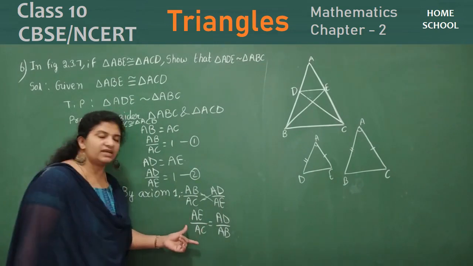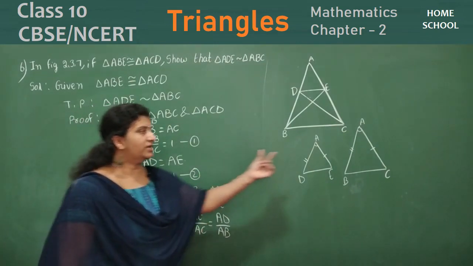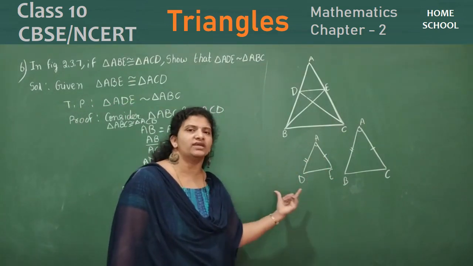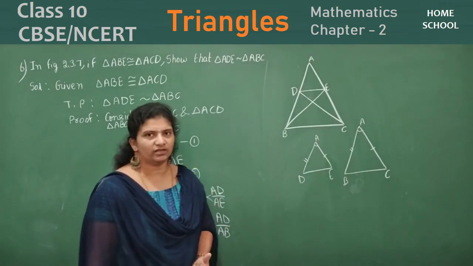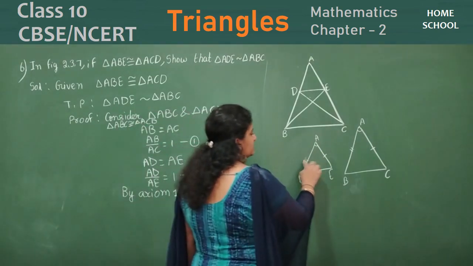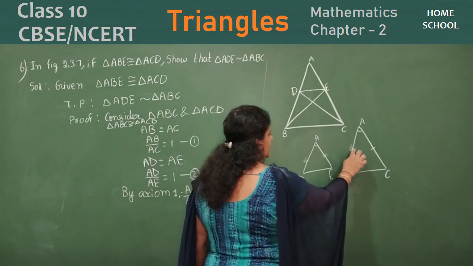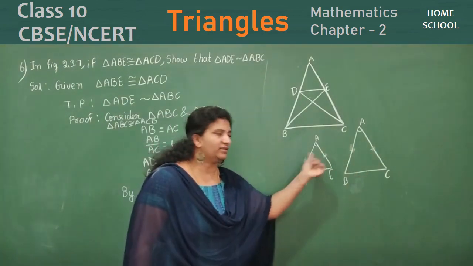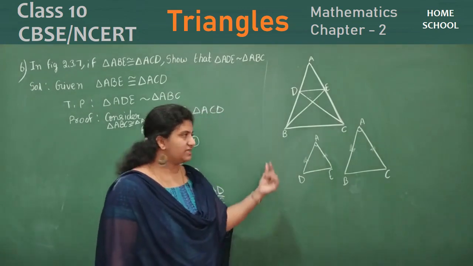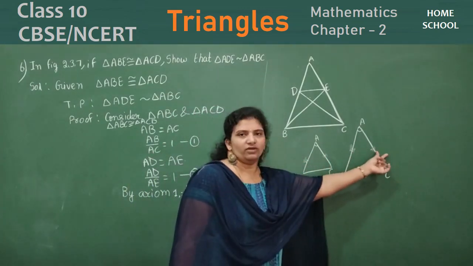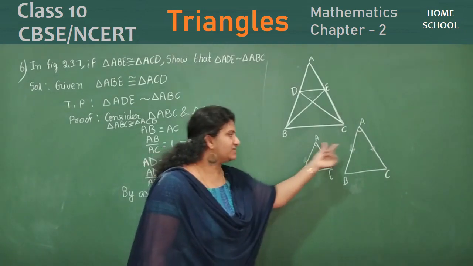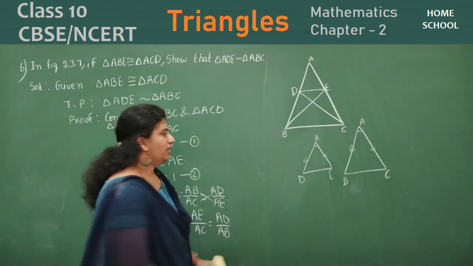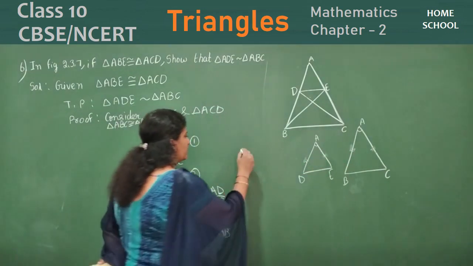So what does this ratio say, children? The corresponding sides are in proportion. This symbol indicates these sides are equal, children. To show you, I am writing this. Which side? AE is equal to AC and AD is equal to AB. Therefore, what can you say here?